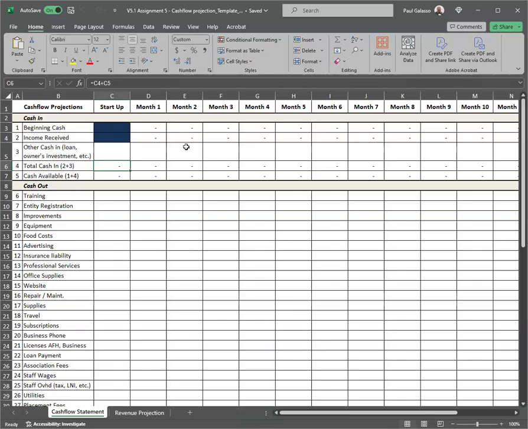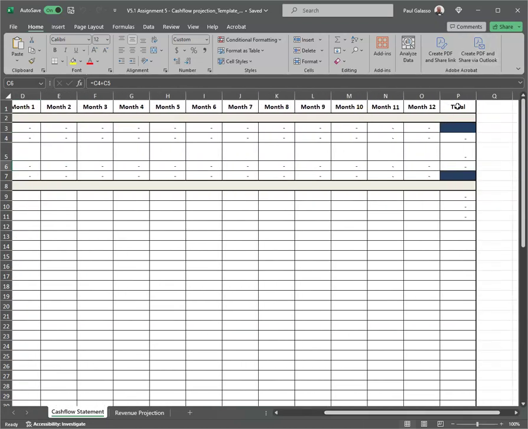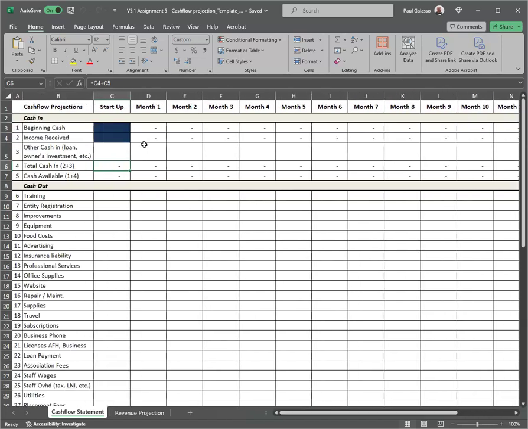So as we have this open, you can see that there are some up at the top, the startup, the month 1 all the way through month 12, and then the total. So each column is set up for each of the months separately. And then on the left-hand side in each row, we have the monies or the expenses that we're going to use.